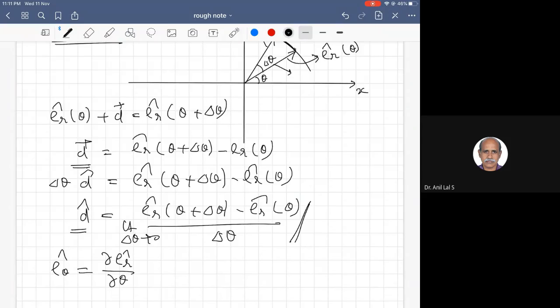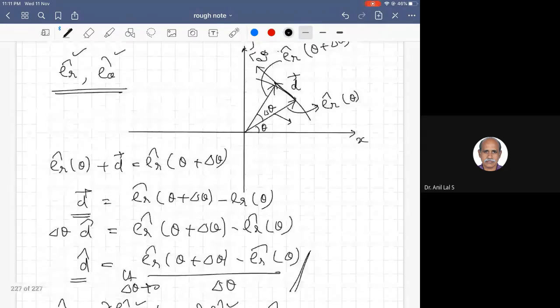So there is a spatial gradient of er with respect to theta that gives you e theta. In a similar manner, we can derive that dou e theta by dou theta is equal to minus er, which is the radially inward unit vector. So these partial derivatives of er and e theta with respect to theta are not equal to 0.